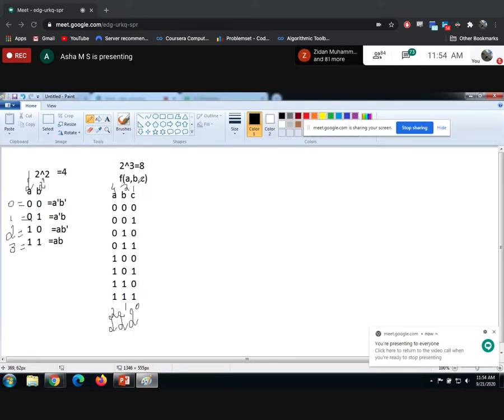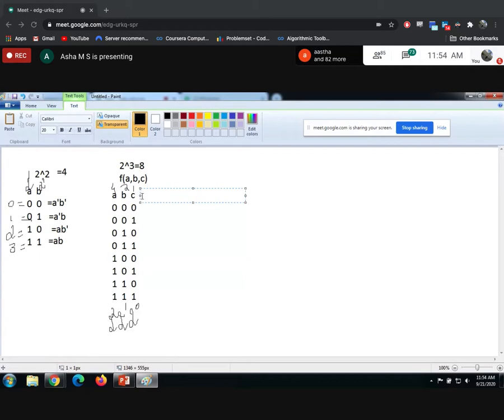So what is this equivalent? What are the decimal equivalents here? See, this is decimal equivalent 0. This is decimal equivalent 1. This is decimal equivalent 2.